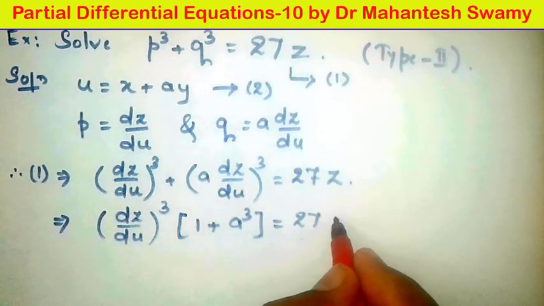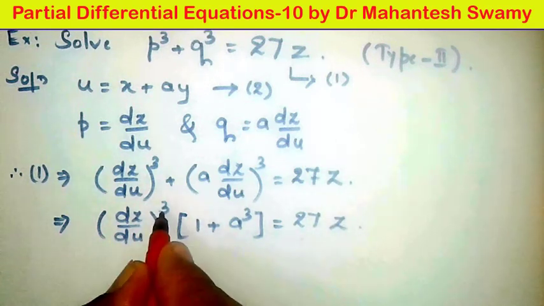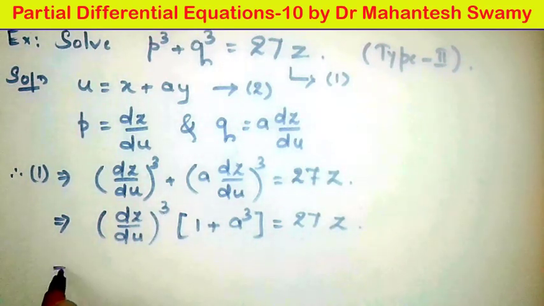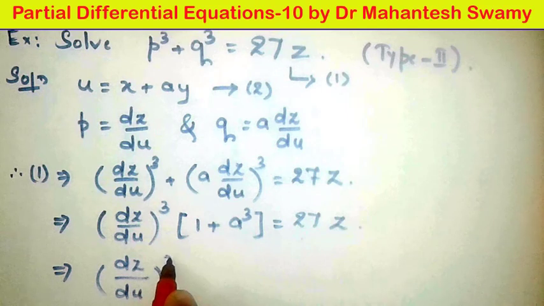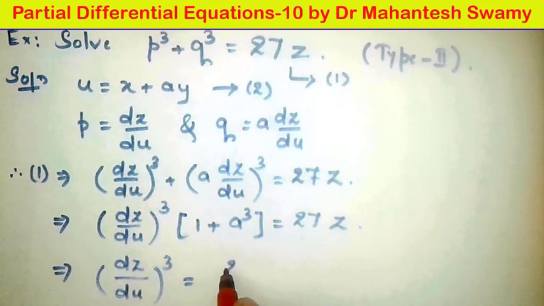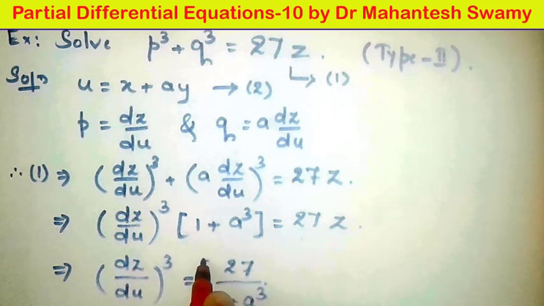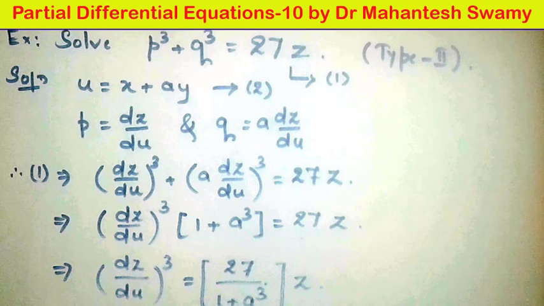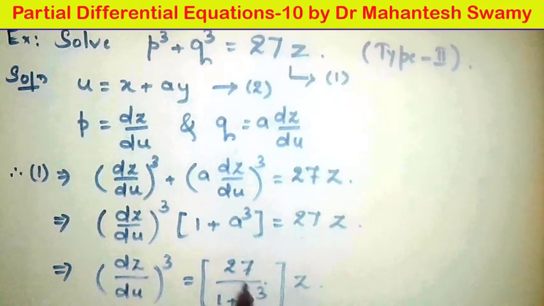Now it is to be transferred to the right hand side, so it is (dz by du) whole cube, and on the RHS it is 27 divided by 1 plus a cube, kept in one bracket, and z outside here. So this is what we get after transferring this term to the right hand side.